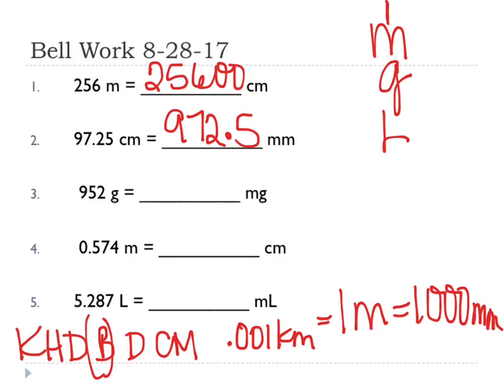So it's King Henry died by drinking chocolate milk, and then whichever way you're moving that decimal. Are there any questions over that? Basic review. I'm not going to sit here and do much lecturing over it. Everybody good?